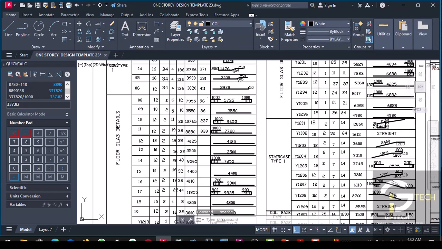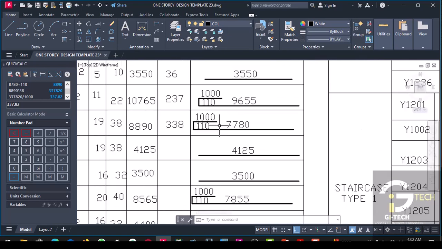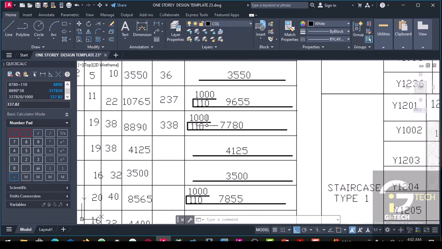Now let me also pause here and explain something. You see, this length, this 8890, is in millimeter, and it is the cut length of this reinforcement.